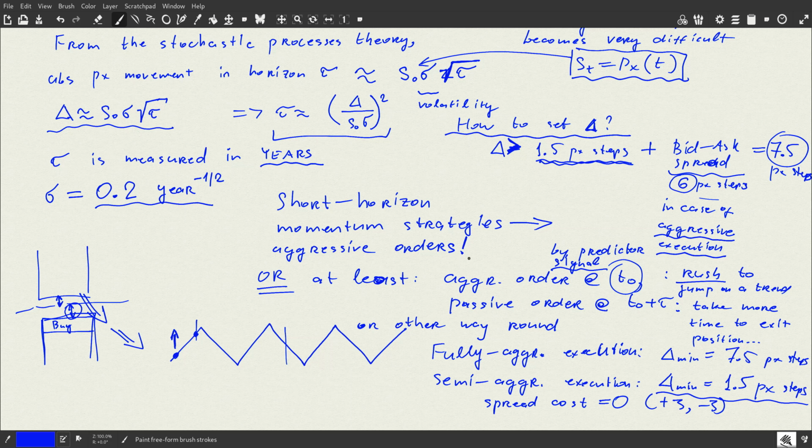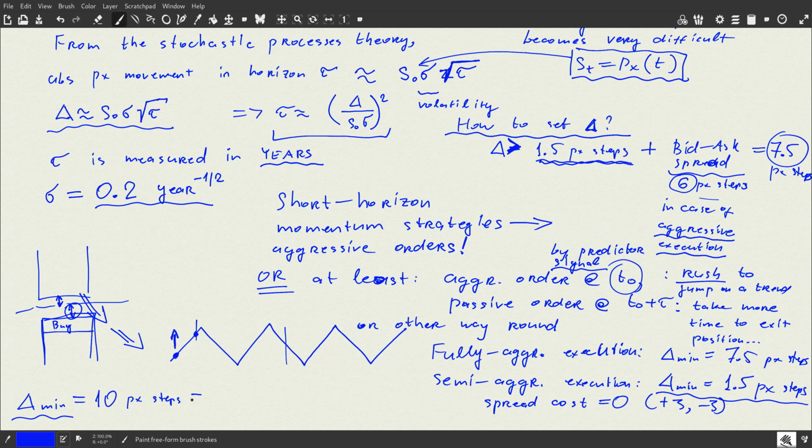But in general, in both cases, you need to make some profit out of that as well. So let's put delta minimum at 10 price steps. What is 10 price steps?